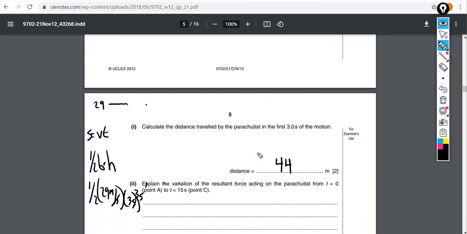Probably 43.5 would earn both marks, but be mindful of significance because you can lose marks for being too precise. If you're within one significant digit, you usually earn the mark. But if you write 43.5859 and all of that out, then it probably would cost you a mark. So be mindful of the significance. 2 significant digits here, 2 significant digits here. 44 meters of distance traveled in 3 seconds. You jump out of an airplane, gravity accelerates you 44 meters underneath the plane, 3 seconds after you jump out.